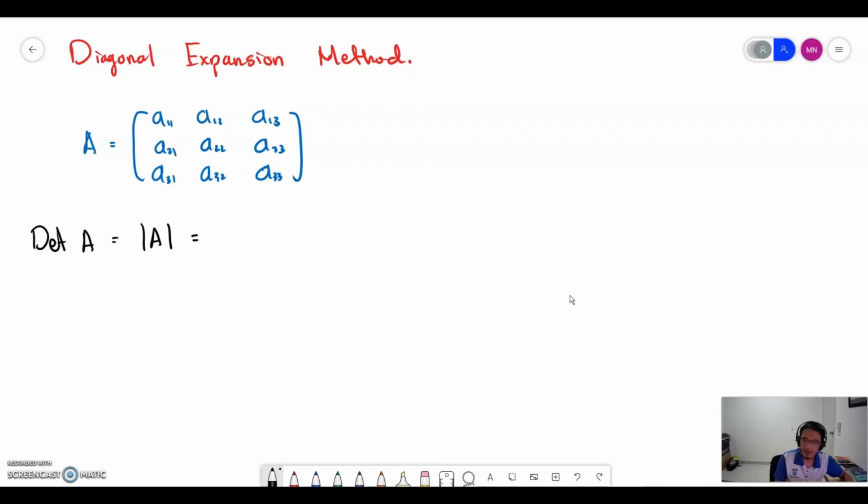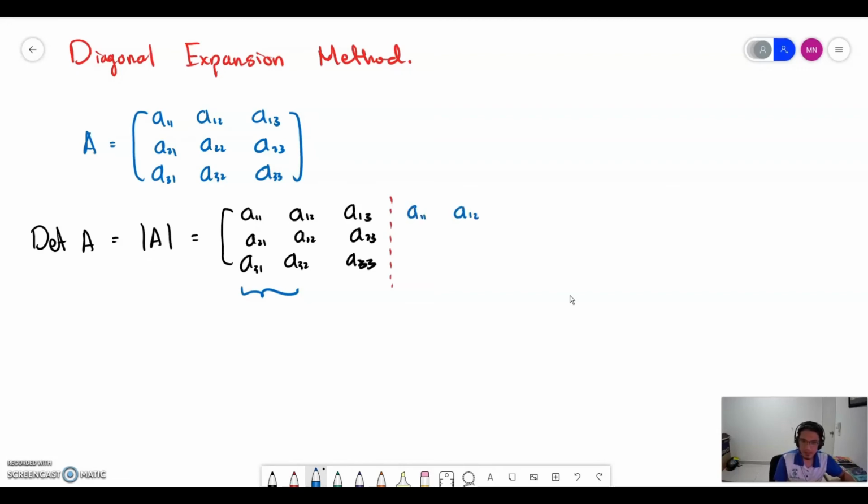Then we write down the matrix. We just copy down all of the elements in the matrix, A21, A22, but we have to copy the first and the second column of the matrix and create another side on the right: A11, A12, A21, A22, A31, and A32.